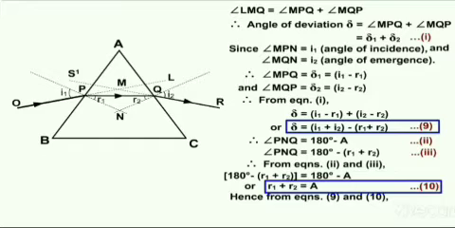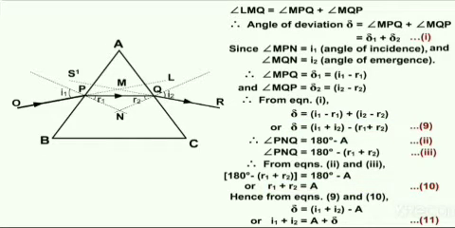Hence, from equations 9 and 10, delta is equal to I1 plus I2 minus A, or I1 plus I2 is equal to A plus delta. Let this be equation 11.